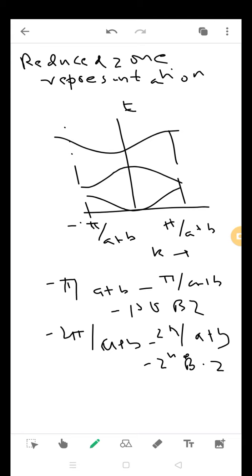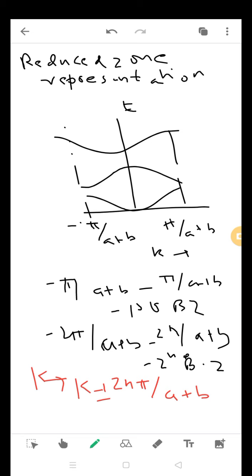Now, what we actually do here in the reduced zone scheme is we replace k by k plus minus 2n pi by (a+b). So even if you replace, the equations still remain the same. And why do we do it?